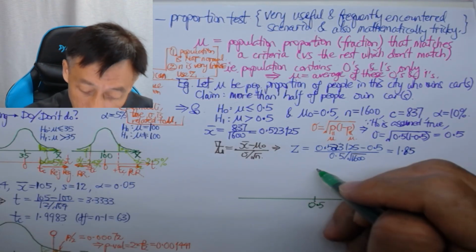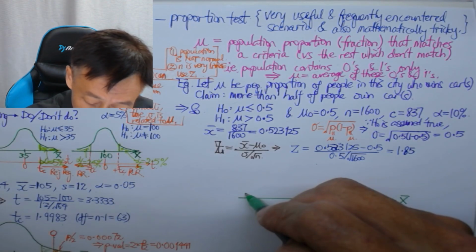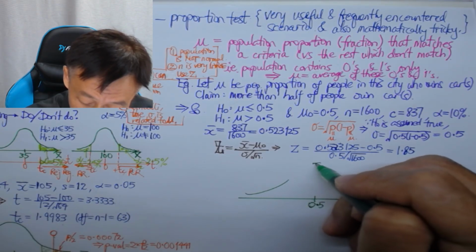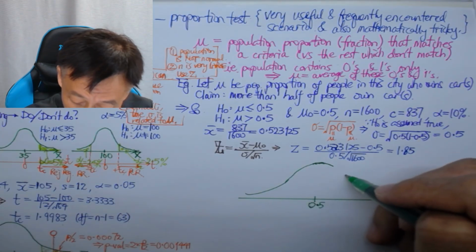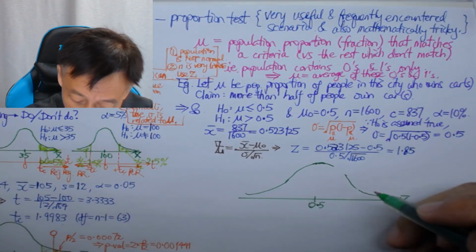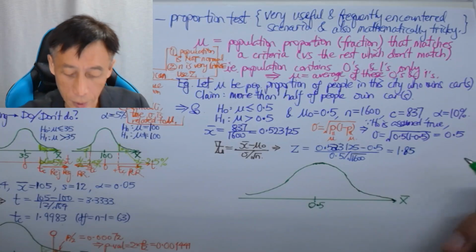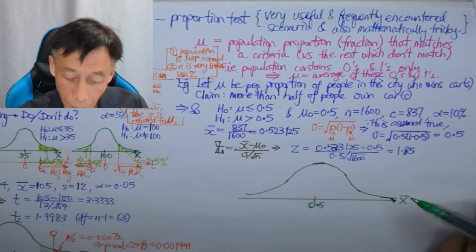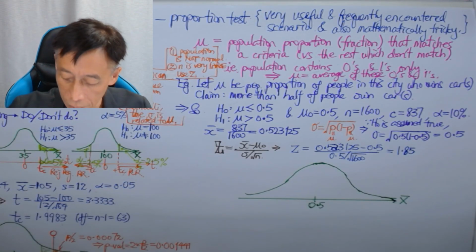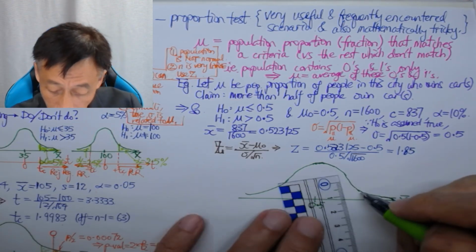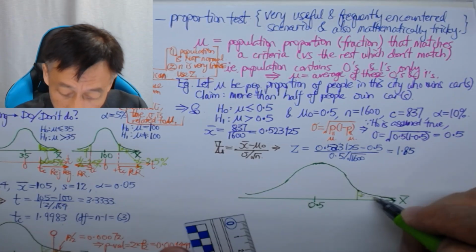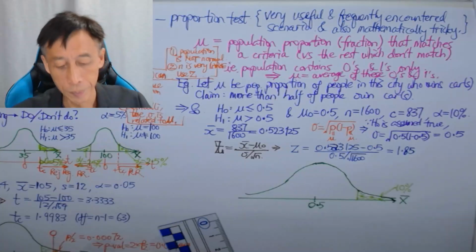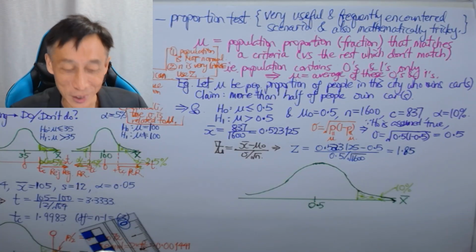So we're going to have a bell curve, and it comes down like this. It is a one-tail test on the right side, so we're going to have a 10% over here. That's our alpha. By now you know the light green is 10%.